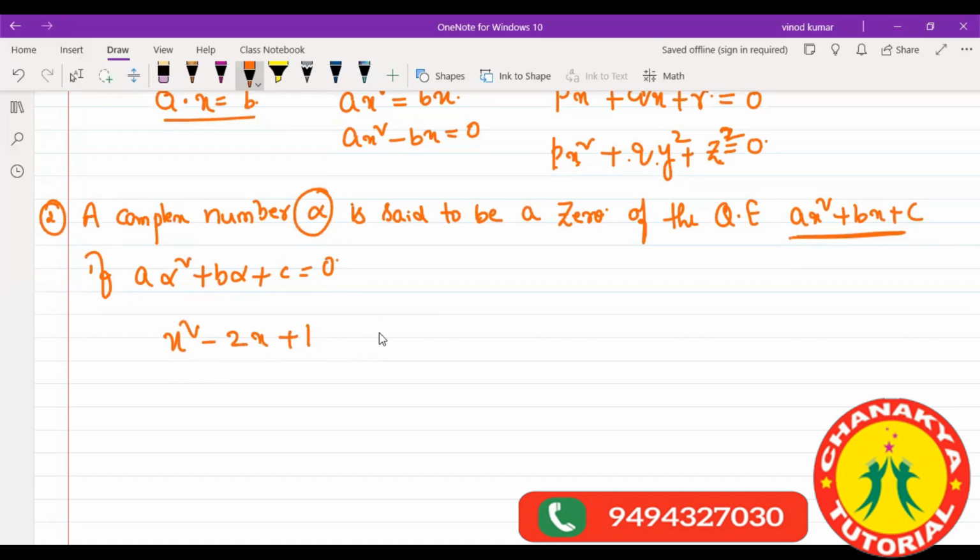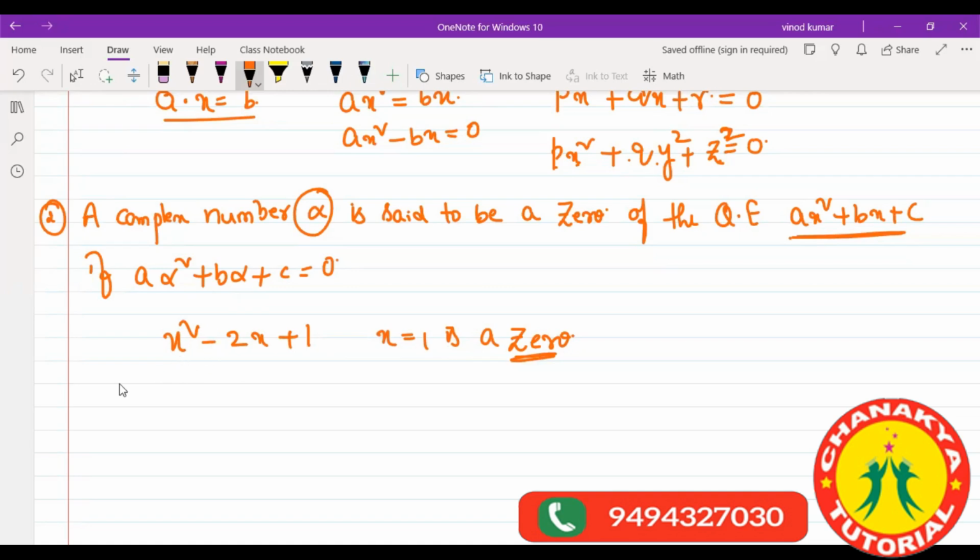We take x equals 1 as a zero. It has a solution or a root. Of course, there is no equal to 0 here. That's why we substitute the value in place of x, and we get 0. Then that value is nothing but a zero.